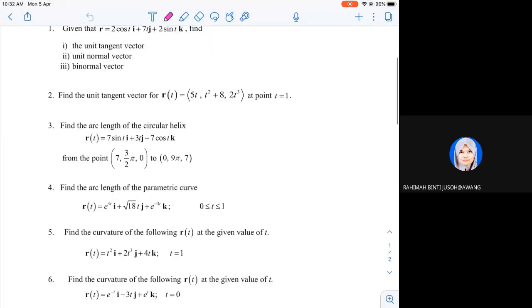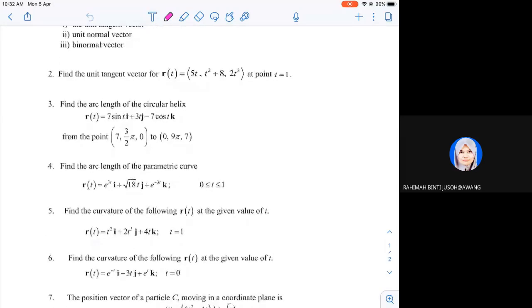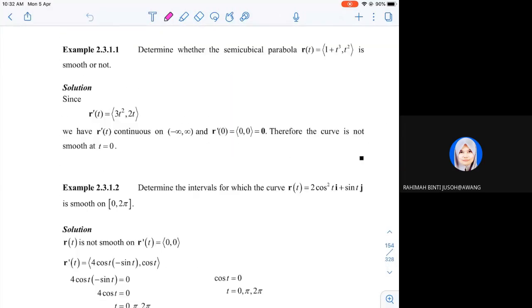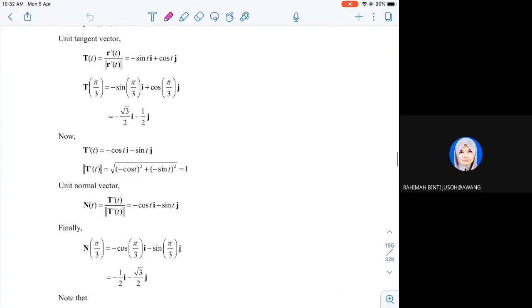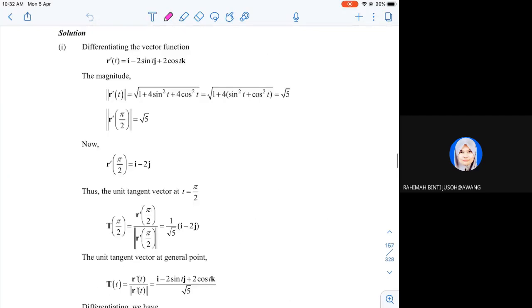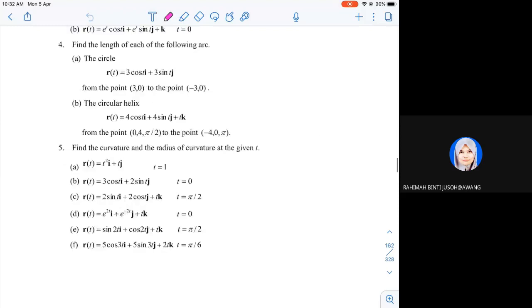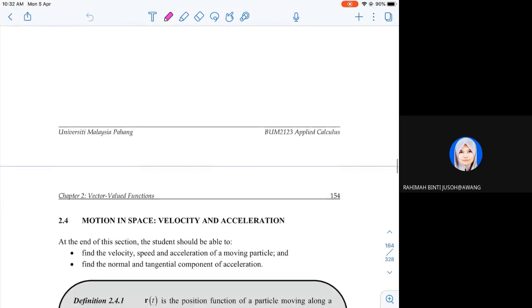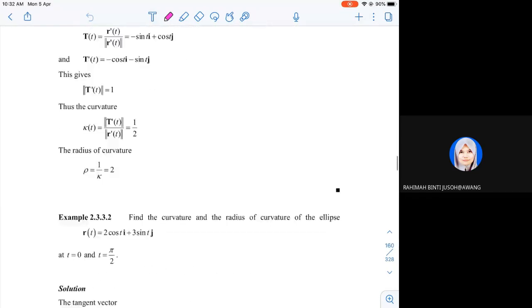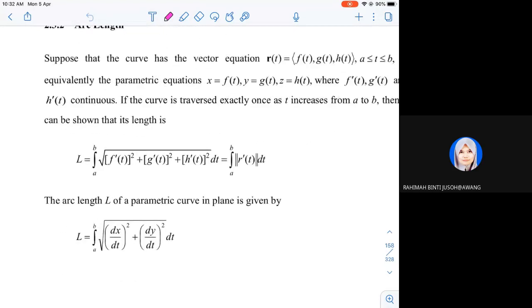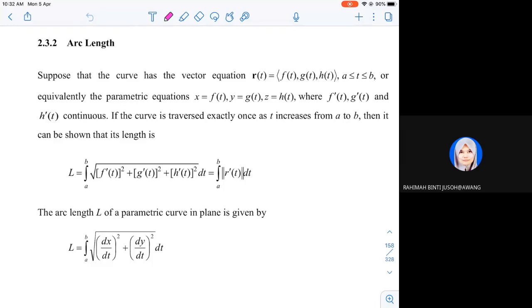Okay, next, arc length. Arc length of the circular helix. Okay, if we look at the notes, where is the arc length? Here. Okay, this is the formula of arc length.